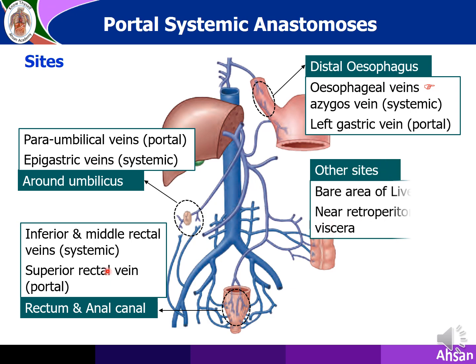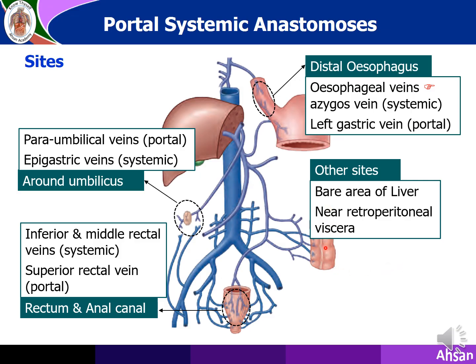In addition, we will get other sites, like the bare area of the liver, where the portal vein of the liver anastomoses with the veins of the posterior wall. Similarly, the retroperitoneal organs, where they are in contact with the posterior abdominal wall, have some anastomosis with the systemic circulation.